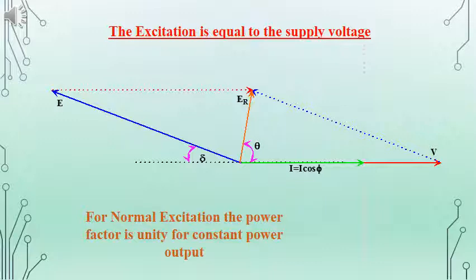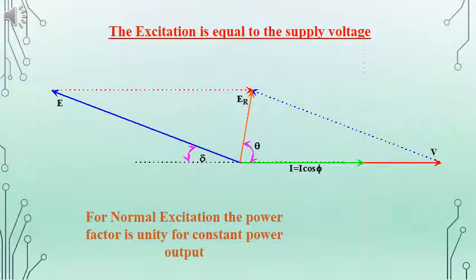The phasor diagram that is shown is for UPF condition, and here we consider the supply voltage V and the excitation E, or the induced EMF in the case of the synchronous motor, to be equal in magnitude.